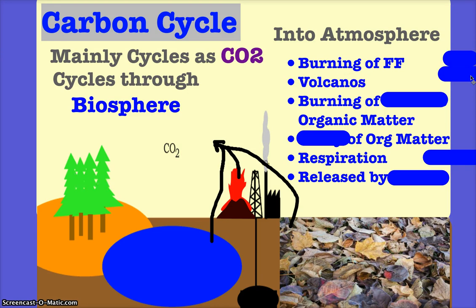What else? Good. Decay of organic matter produces carbon dioxide. So waste that gets decomposed will produce carbon dioxide, or dead things, like living things, when they die and they're put on the ground, will decompose and produce forms of carbon back into the atmosphere.